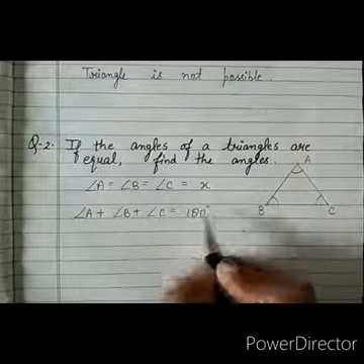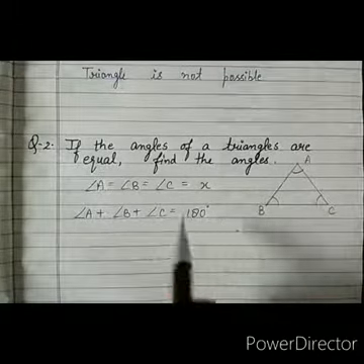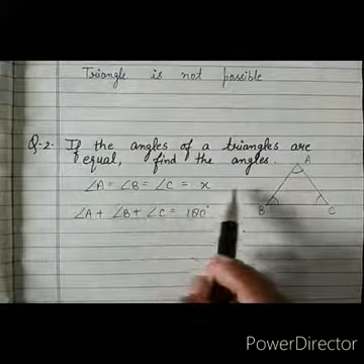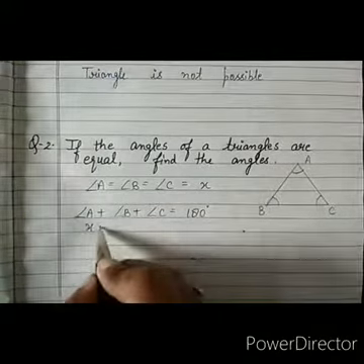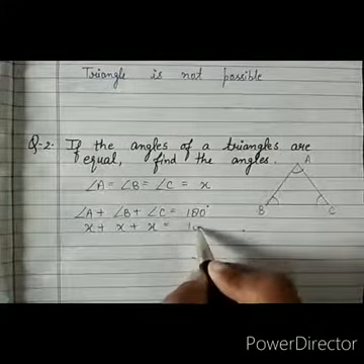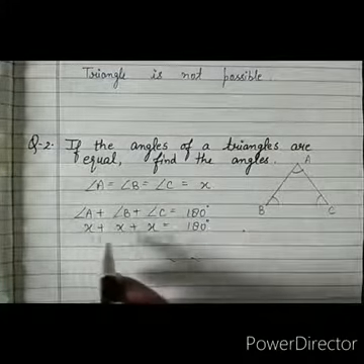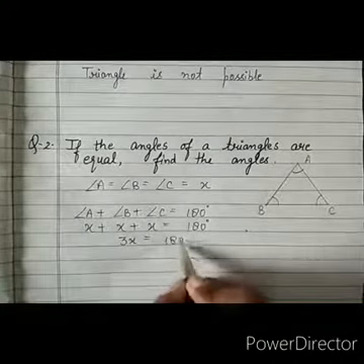So angle A plus angle B plus angle C is equal to 180 degrees. Here we have taken each angle as X. So put the value here, X plus X plus X is equal to 180 degrees. Now X plus X plus X, we have 3X, which is equal to 180 degrees.